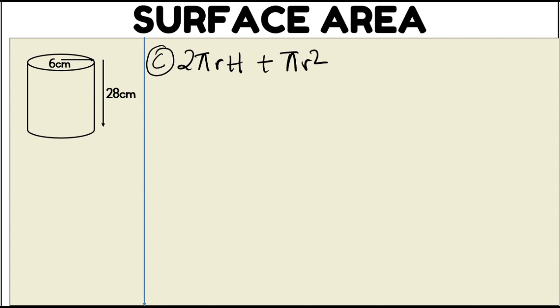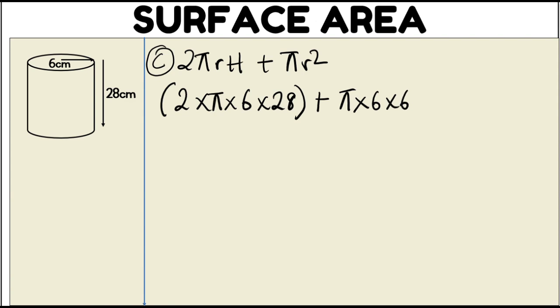Now, do you know why this formula is reduced to this? Good. It is because one end of the cylinder is open. I made an instance using a cup. So that will be 2 times pi times 6 times 28, I'll put this in a bracket, then plus pi times 6 times 6.